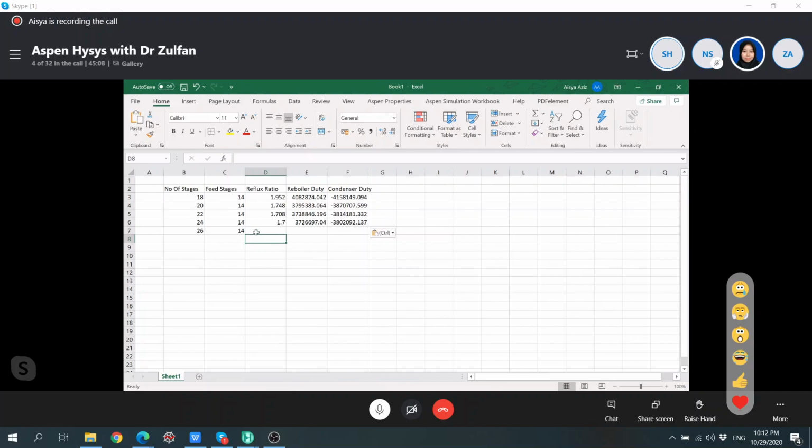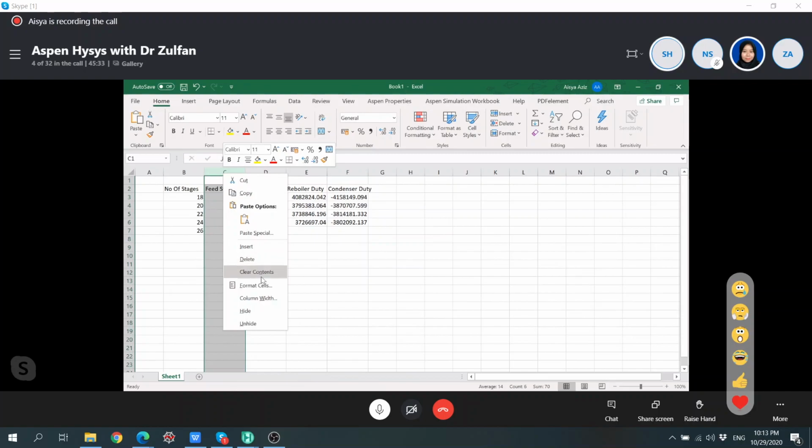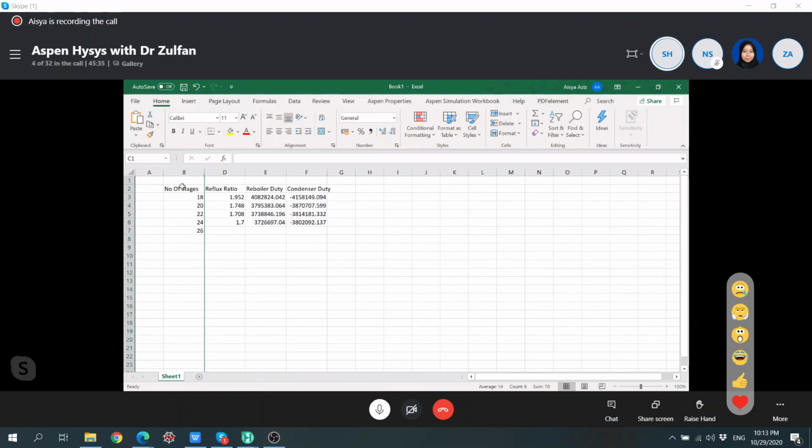You can see it's 22 to 24, it's 1.7, 1.7, and then at 26 it will probably be close to 1.7 as well. So there is no benefit whatsoever if you increase the number of stages from 22 above.